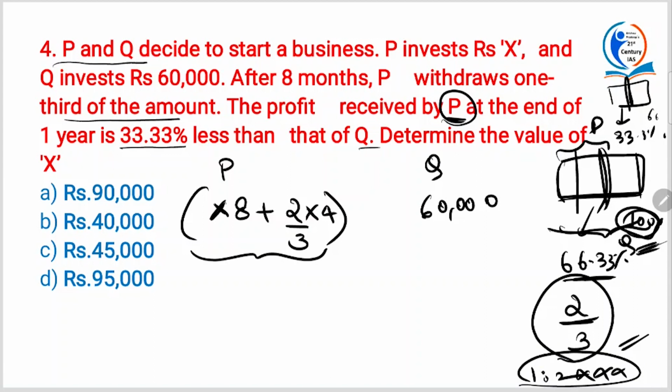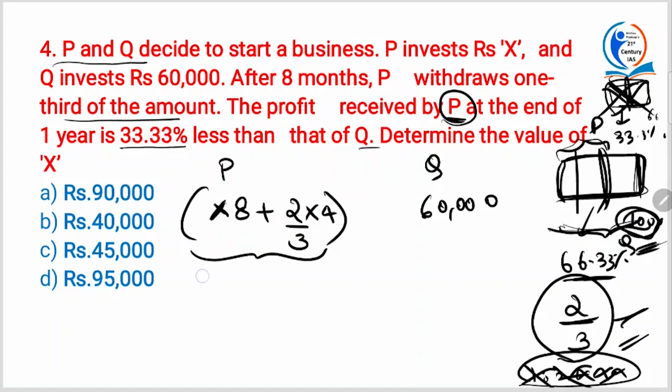No, the basic understanding of percentage is that the reference should be taken as 100%. Getting my point? So here the reference you're taking is 66.66%. That is wrong. So 1:2 is wrong. 2:3 is correct. If you're dividing the total profit into 3 parts, P is taking 2 parts and Q is taking 3 parts. So the ratio of profits is 2:3.